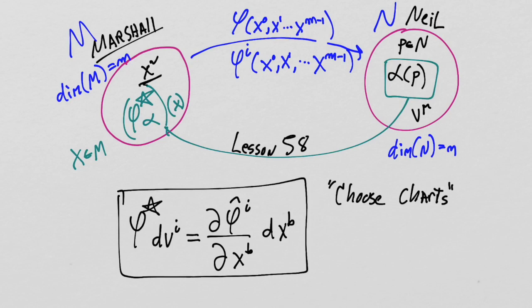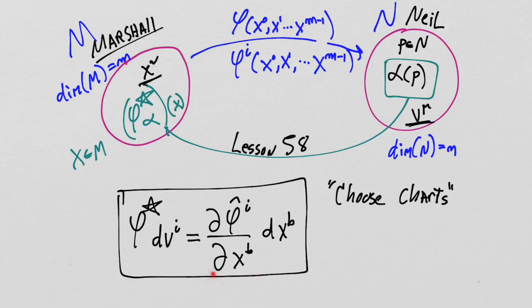So this is the x coordinate system, and this is the y coordinate system. So the pullback of a basis covector field, the coordinate basis covector field in Neal, is equal to this partial derivative summed into the basis covector field in Marshall.